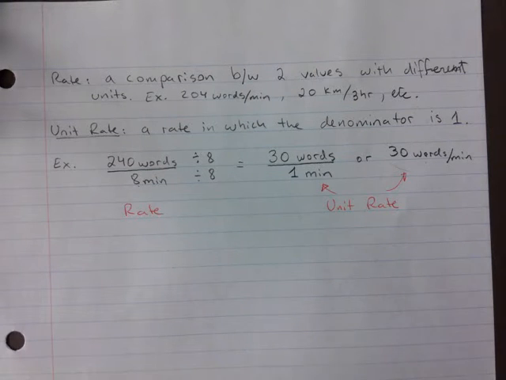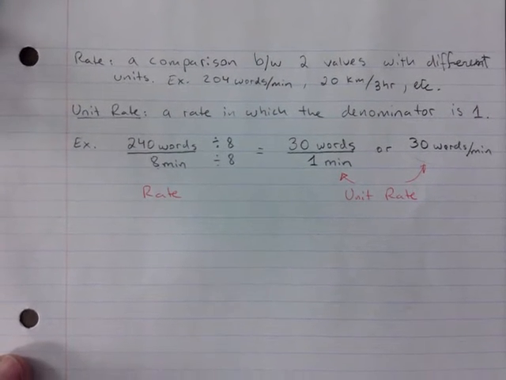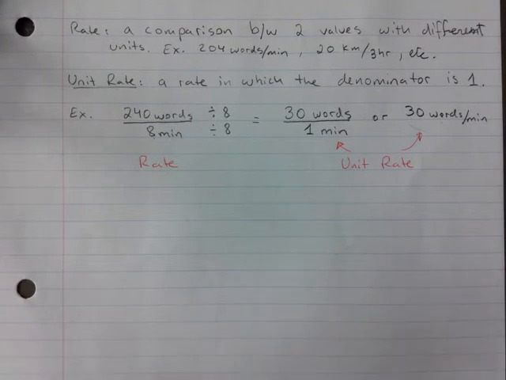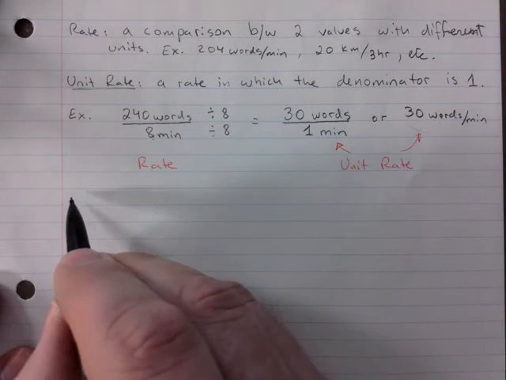And so unit rates are very important, especially when it comes to comparing. You want to know how much can be done in 1 minute, or in 1 hour, or how much produce $1 gets you, right? So you want to make sure you know that. So, comparing rates.